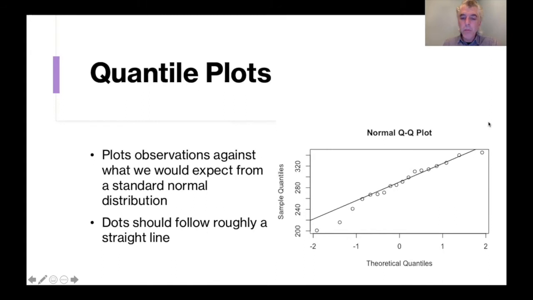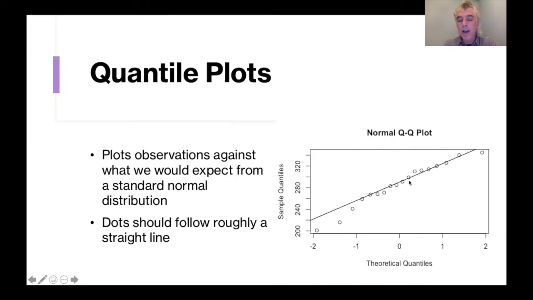Now these QQ plots can be a little bit tricky to interpret. We expect the observations to fall along the straight line, but how far away do the dots have to be from the line before we conclude that the data are no longer normally distributed? Now, I've looked at a lot of these plots in my career, and most of the time, even with very normally distributed data, you do get these wobbles where the dots fall off the line.